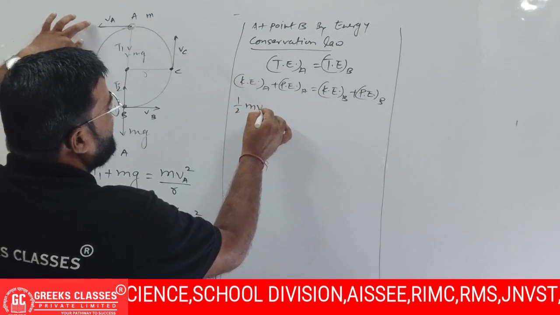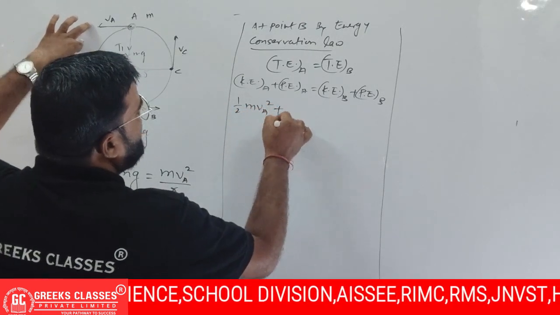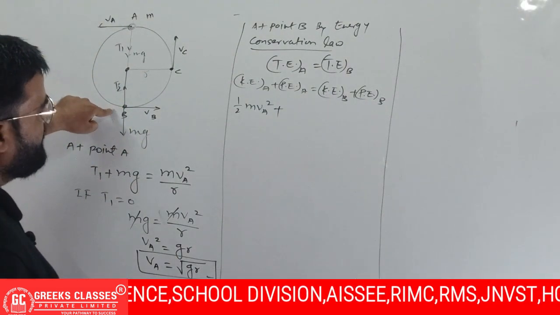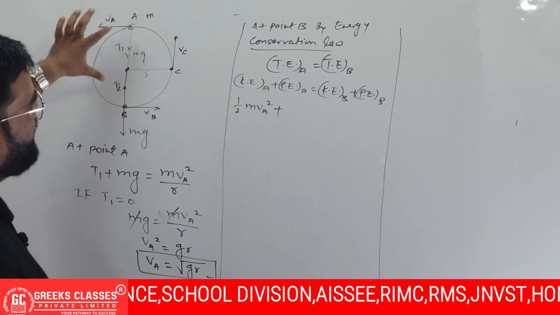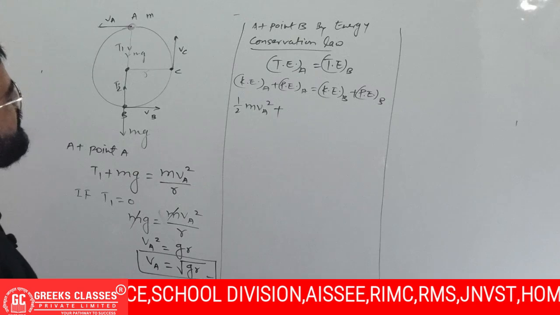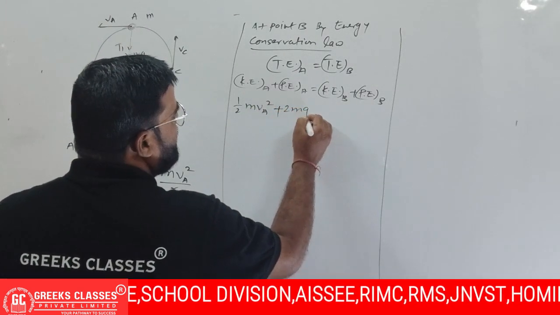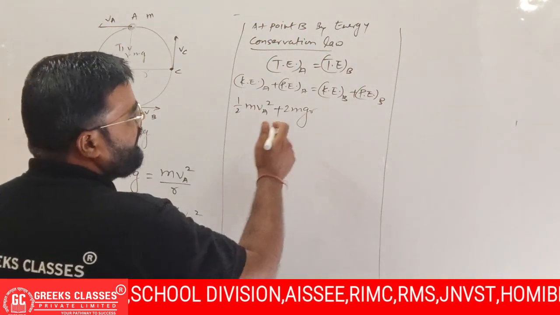It is half mVA square plus the potential energy. We measure height from the surface, from this point. So what is the height? This is the radius, this is the radius, or you can say the diameter, 2r. So mg into 2r, 2mgr. This will be the potential energy at point A.